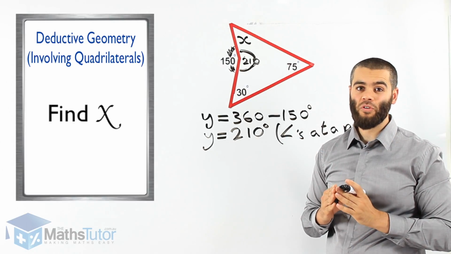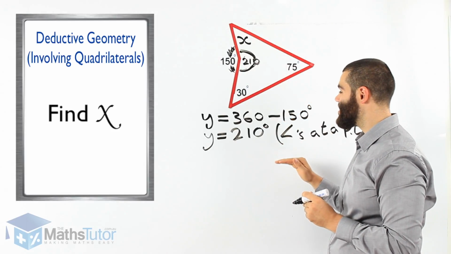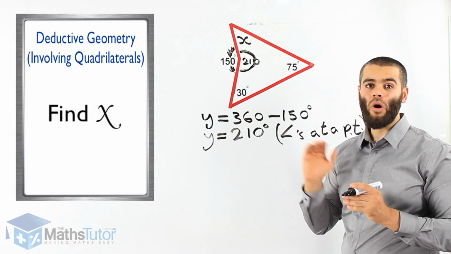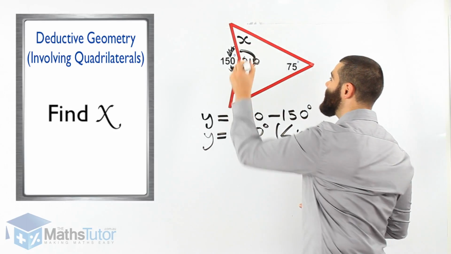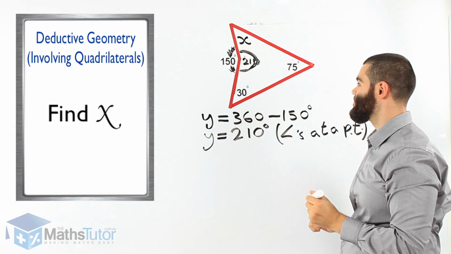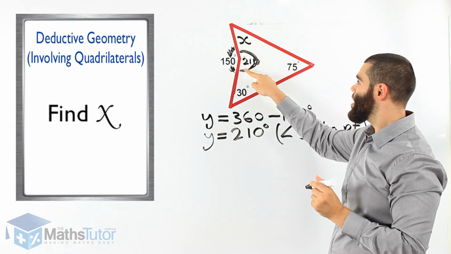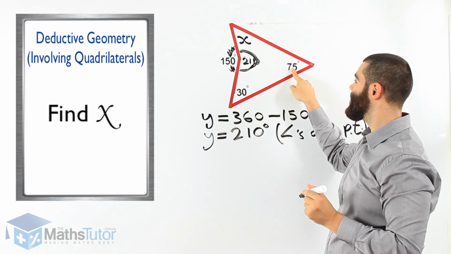Remember, in deductive geometry, we are working out our answer, and as we work out our answer, we need to give reasons for what we are doing. So here, y equals 210 degrees. That is this angle here, 210. So we have 210 here, 30 here, and 75 here.